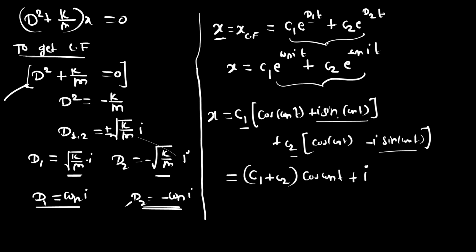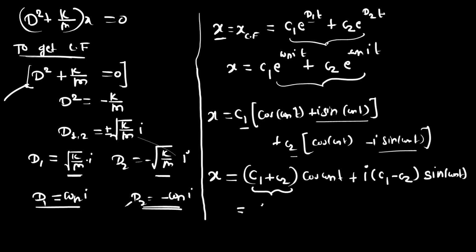Take i common and sine omega nt common, and in the bracket we will have c1 minus c2, multiplied with sine omega nt. So this is the general form, which is the solution for x. This complete term is one constant value, and we can have any value for c1 and c2.